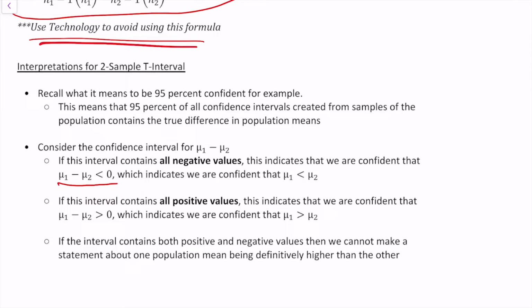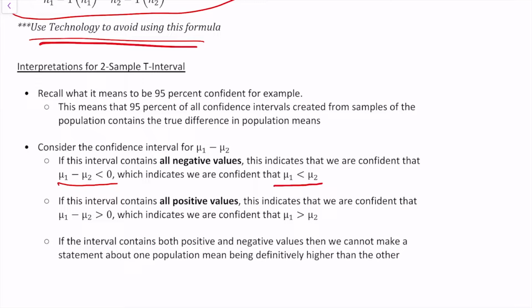Which means if we add mu2 to both sides of that inequality, we can also state that we are pretty confident that the population mean of the first population is less than the population 2 mean. So that's pretty cool. If you get all negative values, you can say we're pretty confident that mu1, the population mean of group 1, is less than the population mean of group 2.